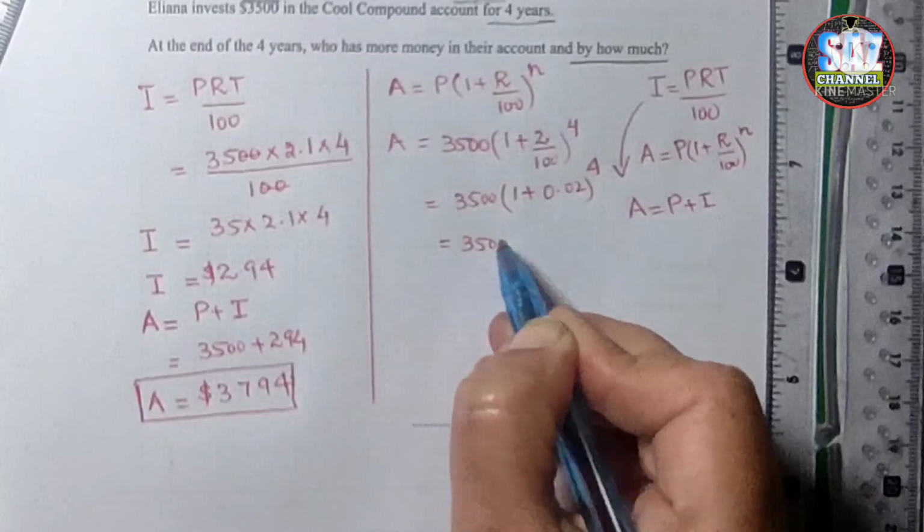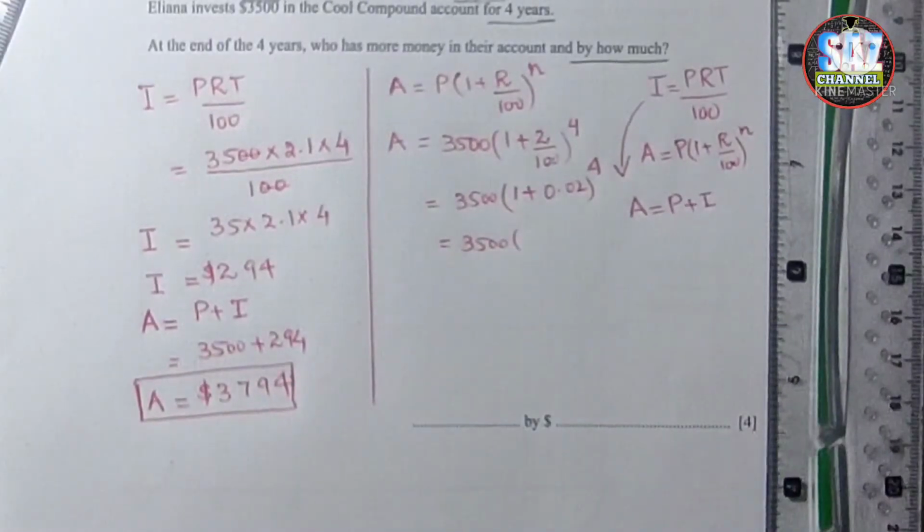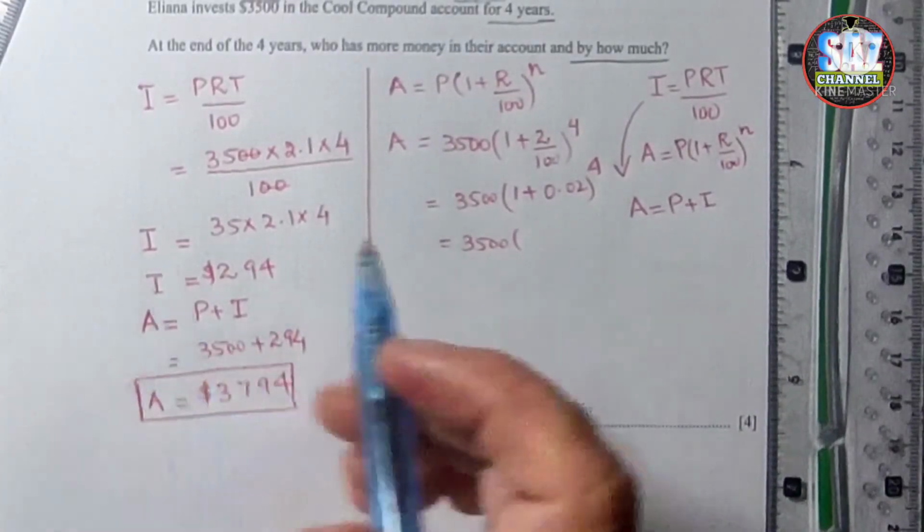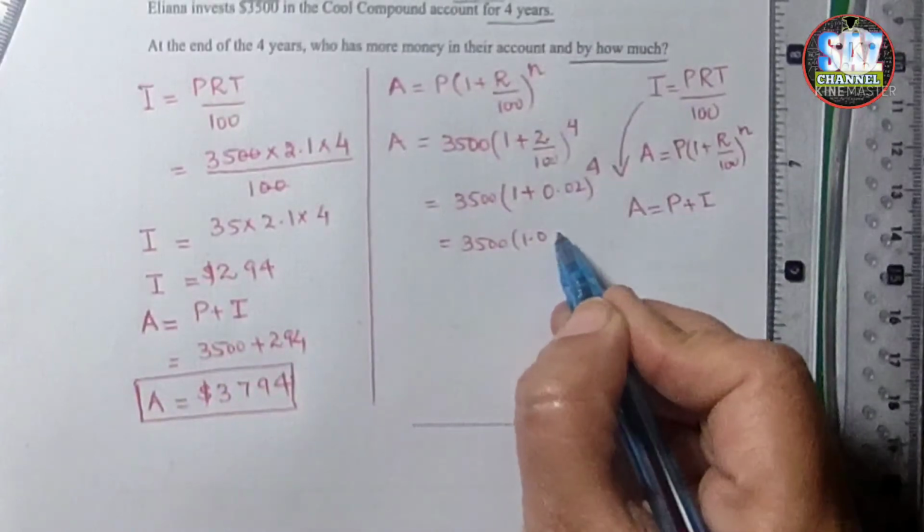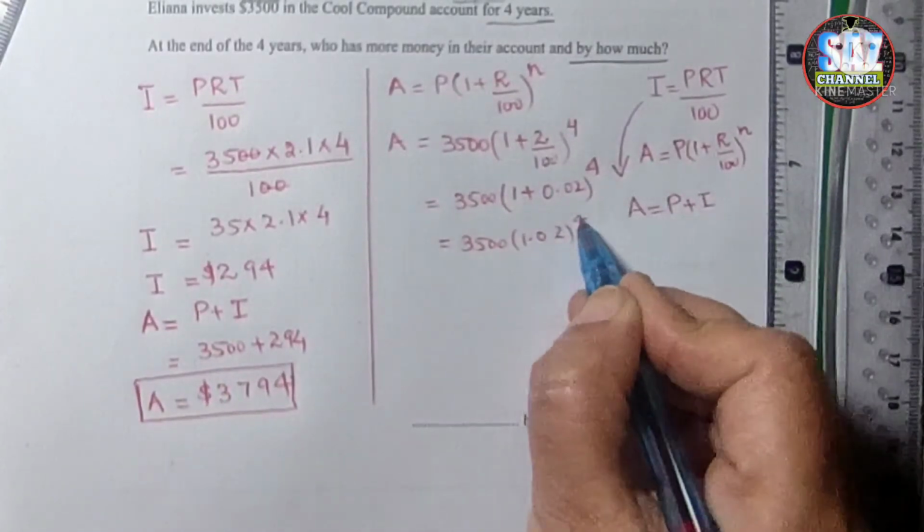3500, and now I have to add 1 to this. This will become 1.02 raised to power of 4.